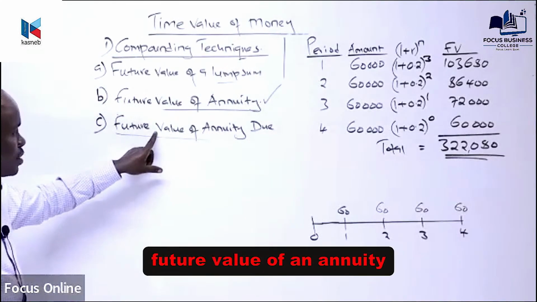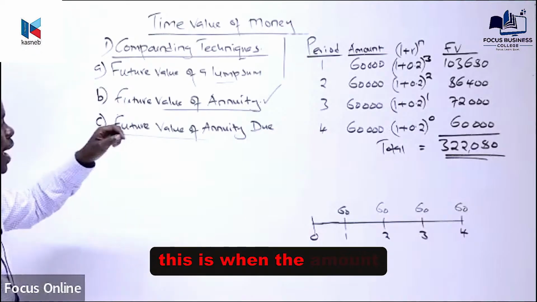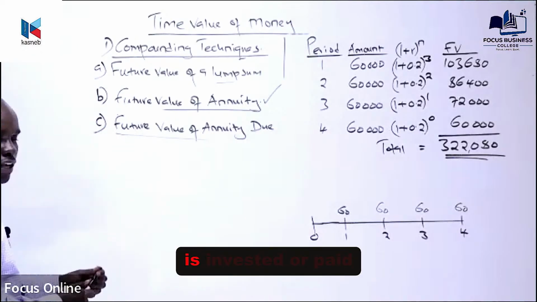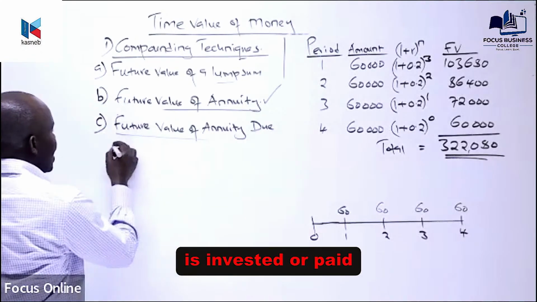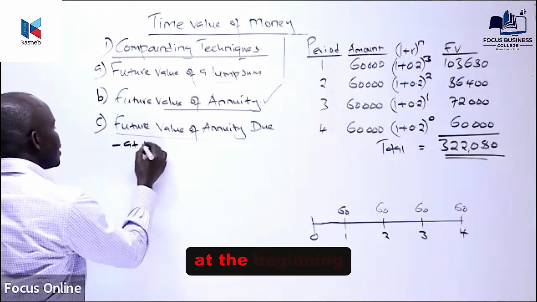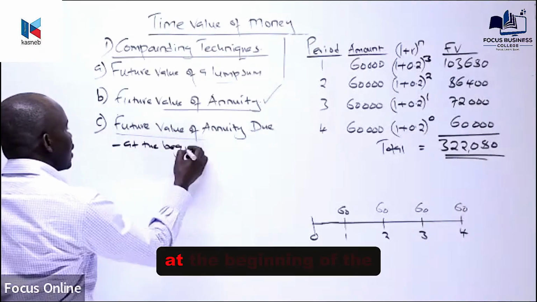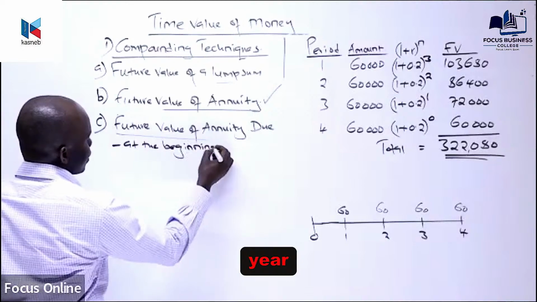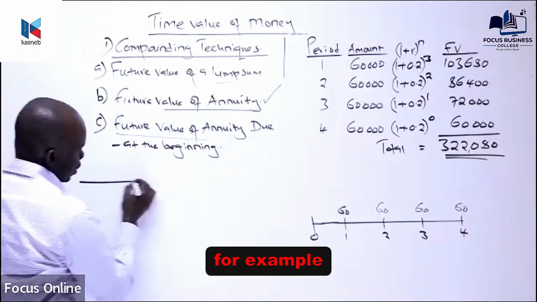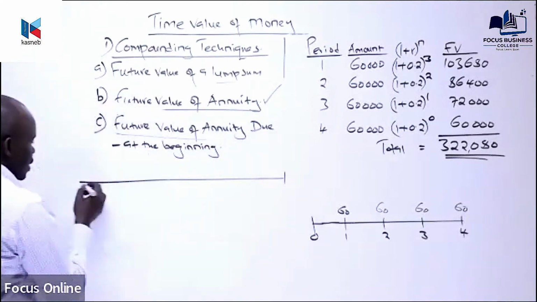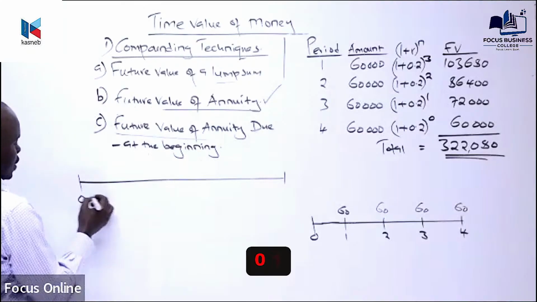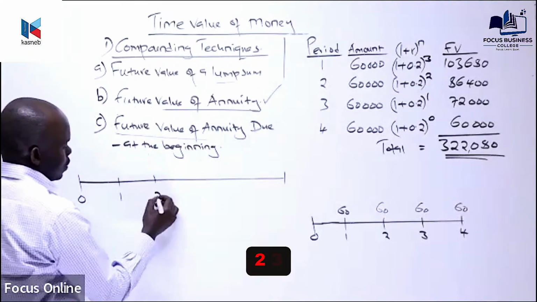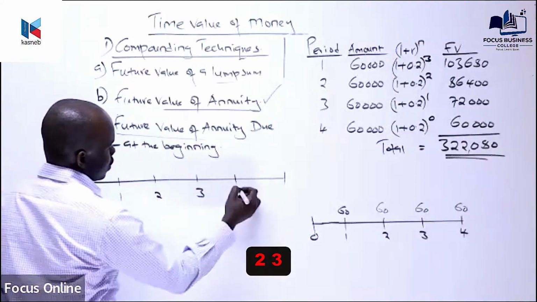Future value of an annuity due is when the amount is invested or paid at the beginning of the year. For example, if our 60 here, 0, 1, 2, 3, 4.